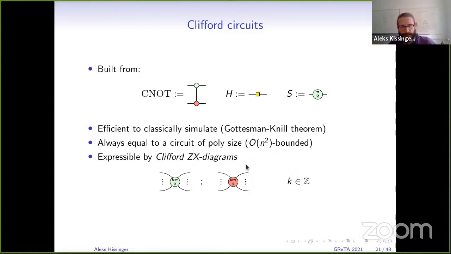Before, these things were labeled by any kind of angle you could imagine, so there are continuously many generic ZX diagrams, but the Clifford ZX diagrams are always integer multiples of pi/2. So there are only countably many Clifford ZX diagrams as opposed to the universal ones. And they're finitely generated: generated by the phase-free things and also by this S gate, this pi/2 thing. Actually, yes, you need both of these to generate it.